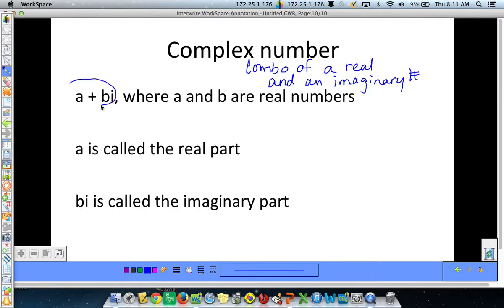It's always written in the form a plus bi, where a and b are real numbers. The a is the real part of the number, and the bi is the imaginary part of the number. So now we've expanded our number system to include imaginary numbers and complex numbers. Let's see how they're all related.